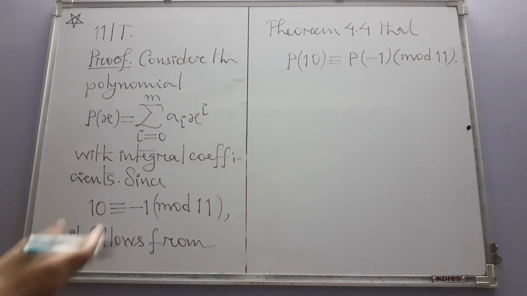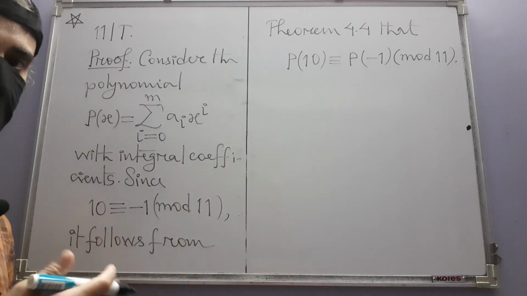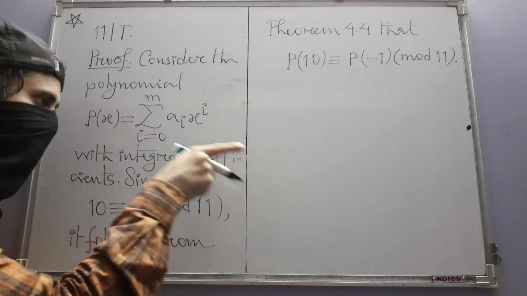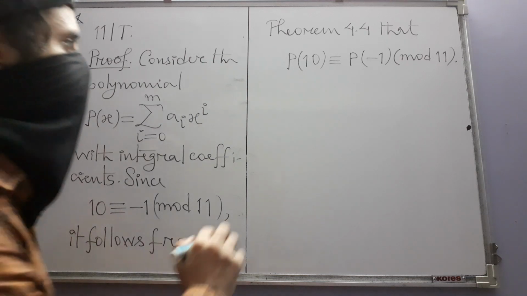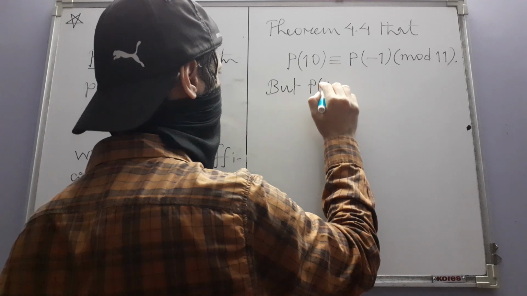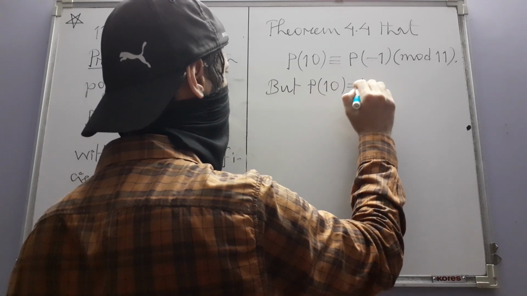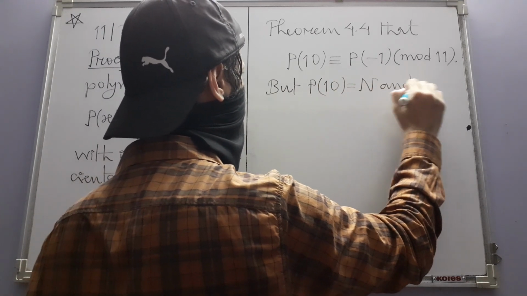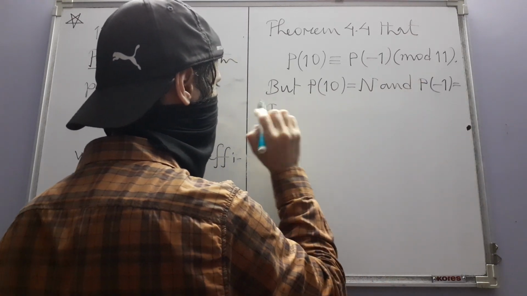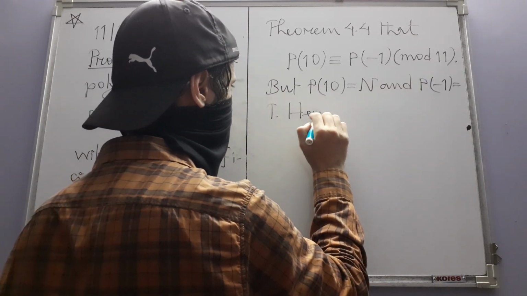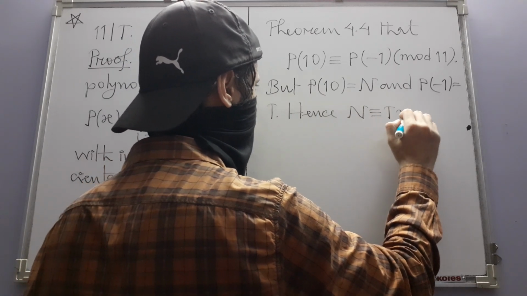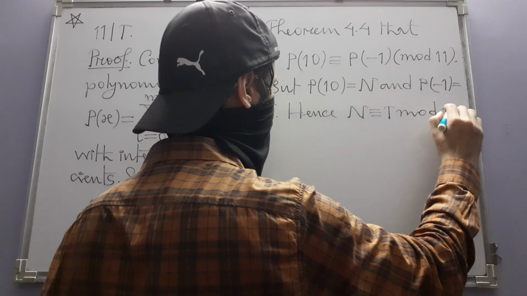If you evaluate P at 10 like before, you are going to get N. But P of minus 1 is in fact that alternating sum T. Hence, N is congruent to T mod 11.